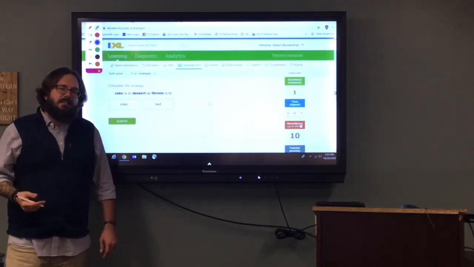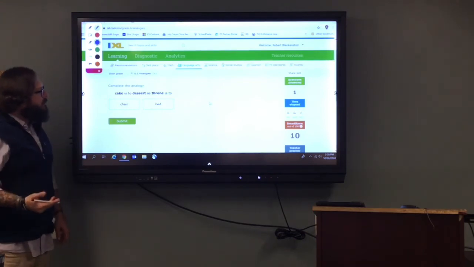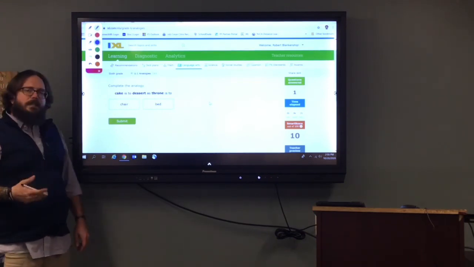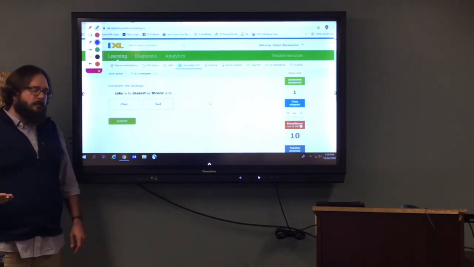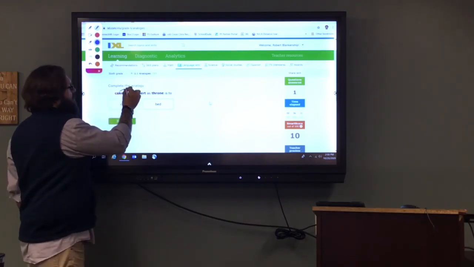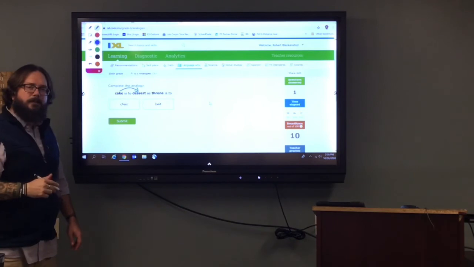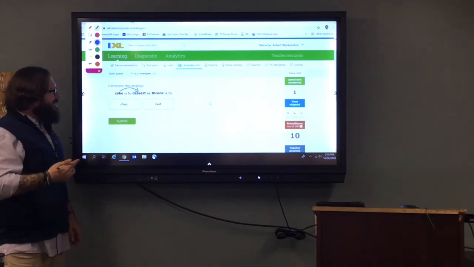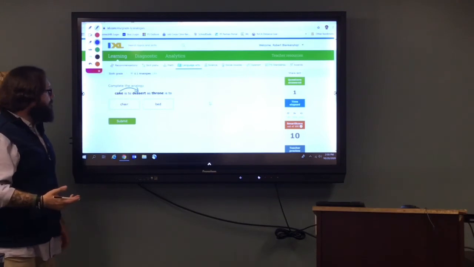In our next example, we are given the analogy, cake is to dessert, as throne is to either chair or bed. Let's begin by looking at the relationship between cake and dessert. So cake is a type of dessert.